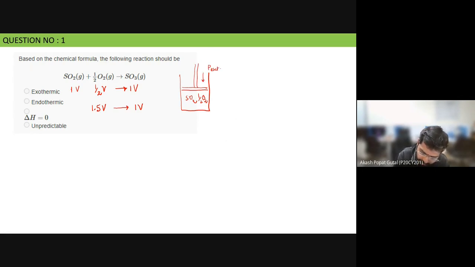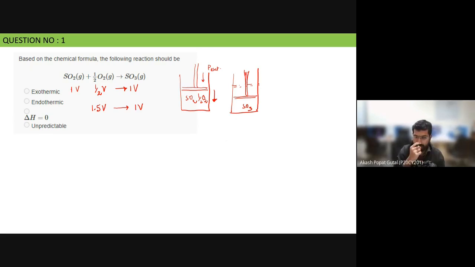The half volume reduces, and the piston gets compressed. So the system gets compressed when SO3 is formed.